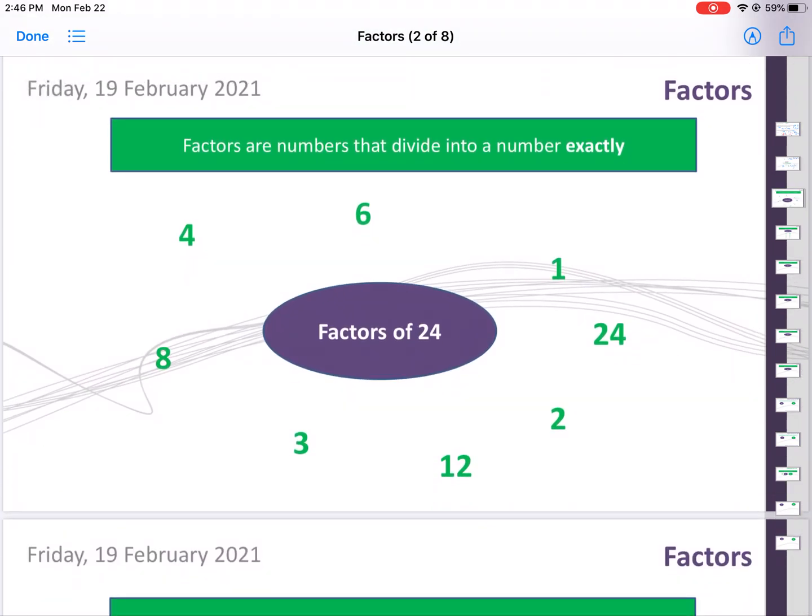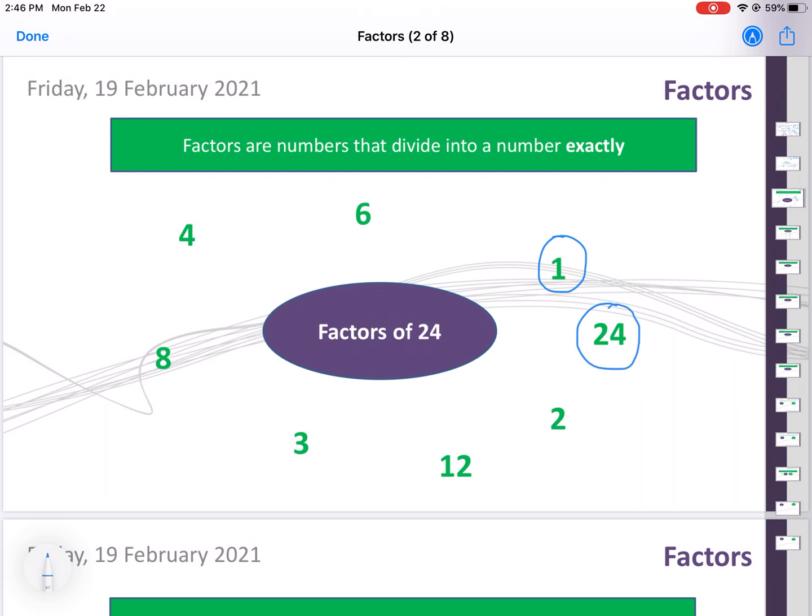So, factors are numbers that divide into numbers exactly, as I said there. So, factors of 24 are listed all around 24. Now notice that 1 is always a factor of a number, because you can always divide the number by 1, as is the number itself.